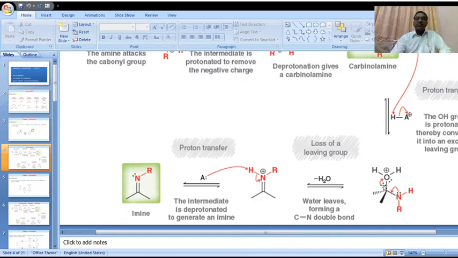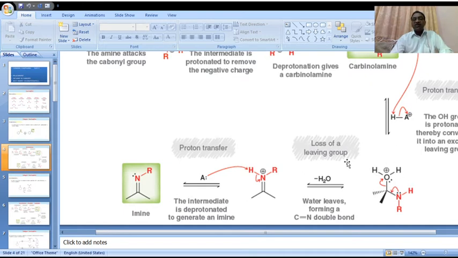In this carbinolamine it is an OH; that particular hydroxy functional group is converted into this hydronium type of protonated hydroxy functional group. It is a good leaving group, a perfect excellent leaving group.